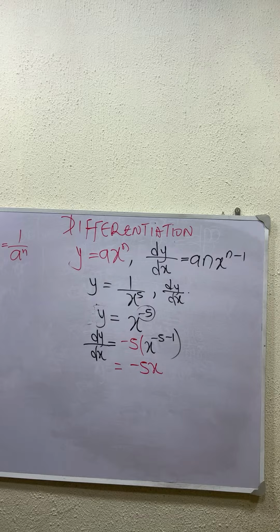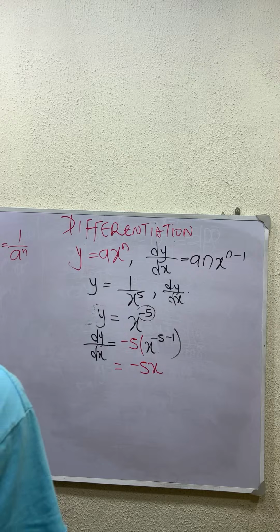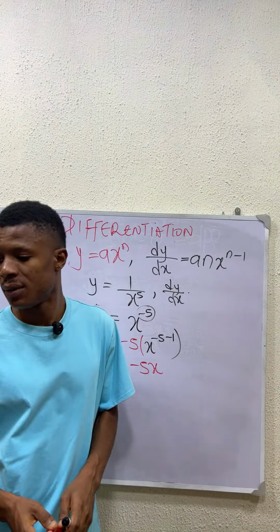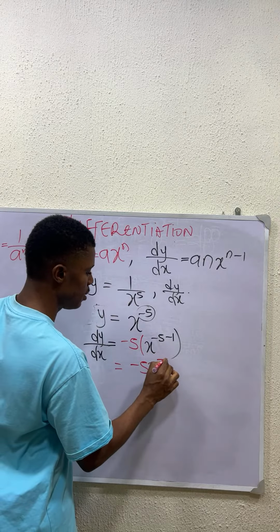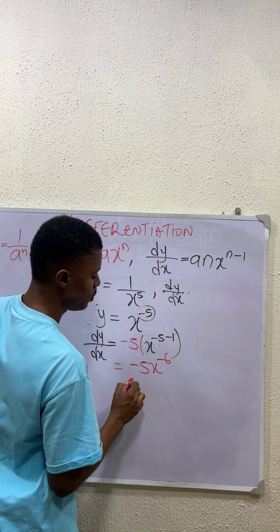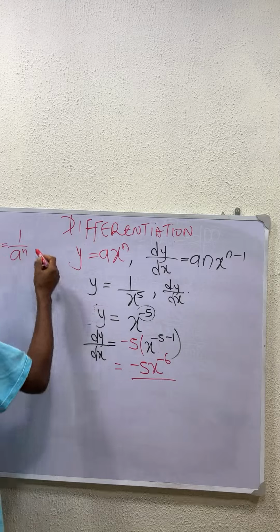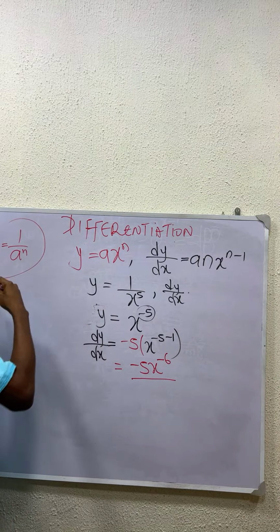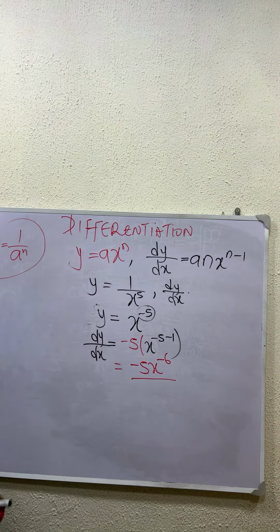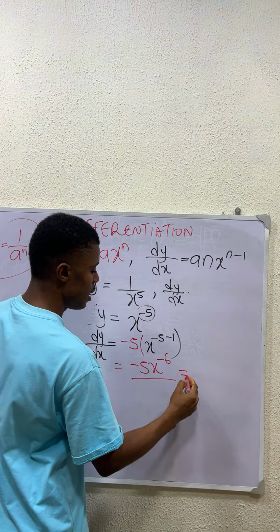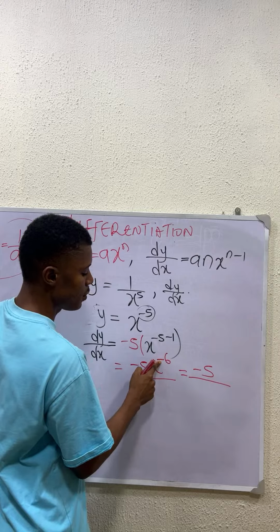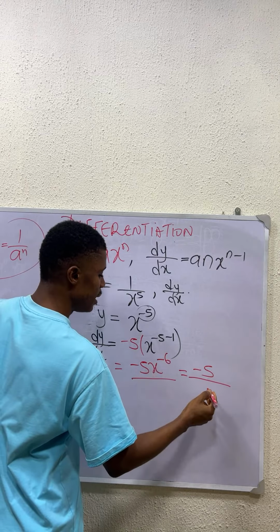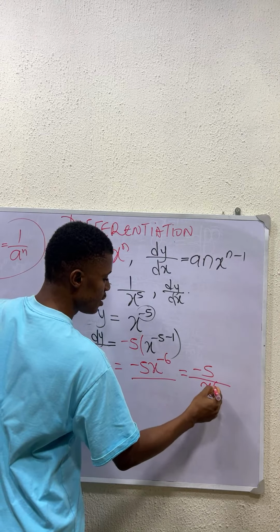Minus 5 minus 1 is minus 6. So you can leave it like this, or you can reapply your laws of exponents, which lets us write it as minus 5 divided by x power 6, because of the negative power.